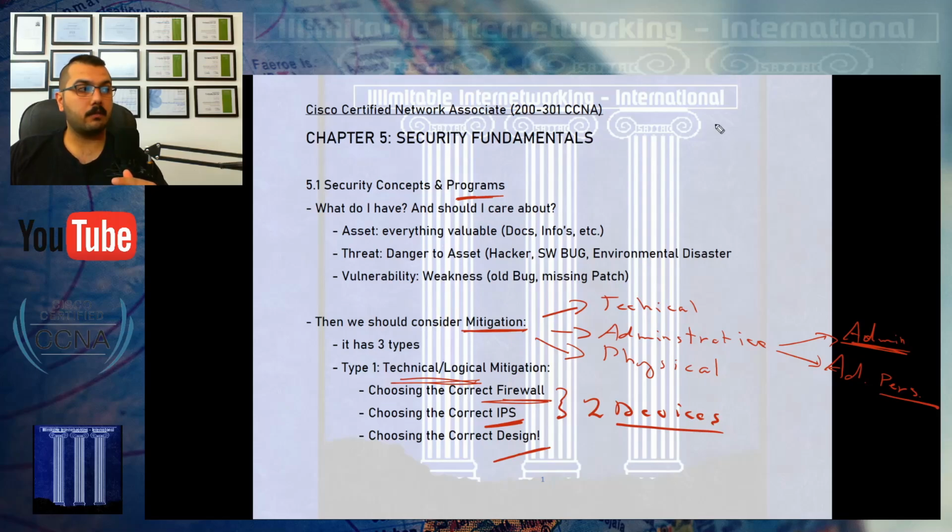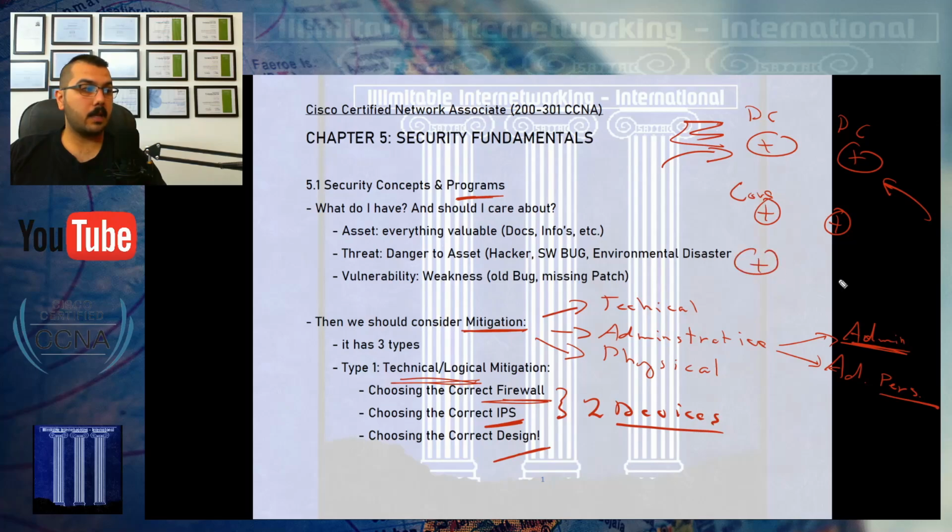Maybe imagine you have a main router and a backup router of your data center routers, and those are connected to a main and a backup router of the core routers, which are connected to the main and the backup routers of the aggregation layer, or it's called the distribution layer.